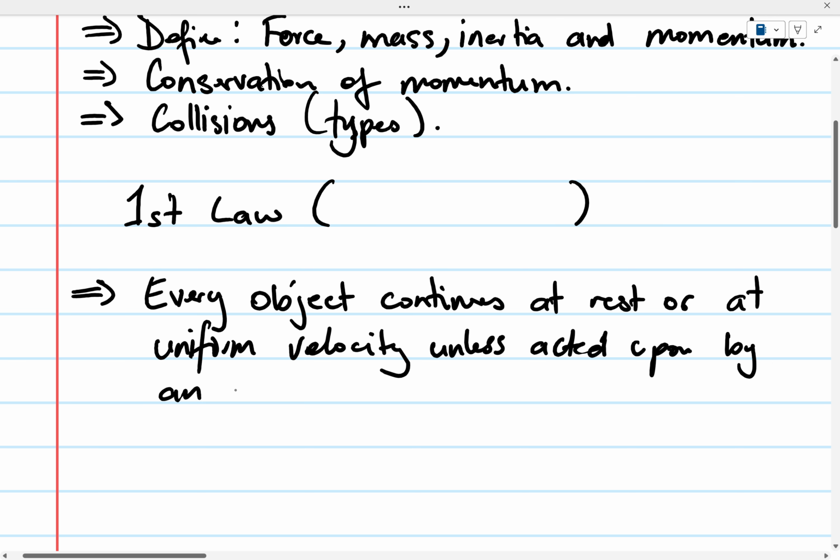And as stated before, this is the law of inertia, or we could just write inertia here.